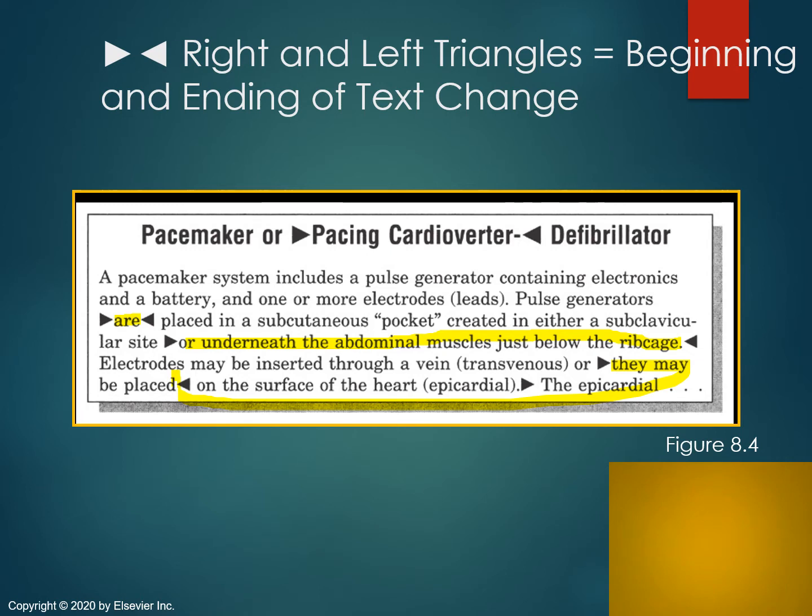So these are terms that we may see in some of our codes. If you see those right and left triangles, just remember that the wording, the text, is changed.